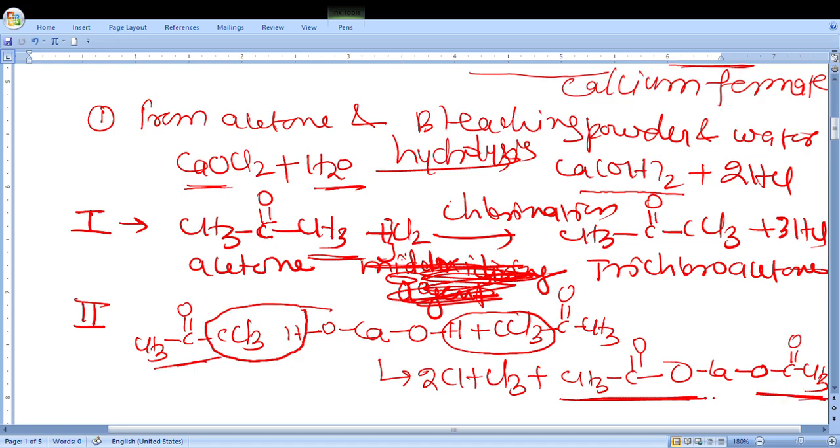In condensed form, it will be written as (CH3CO) whole twice Ca, giving rise to two molecules of chloroform and one molecule of calcium acetate.